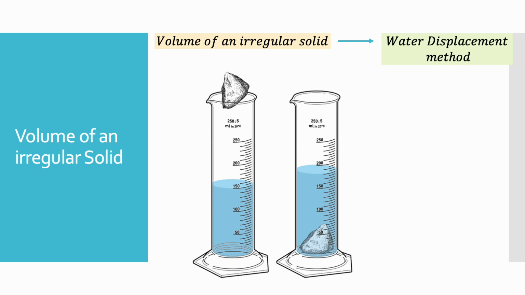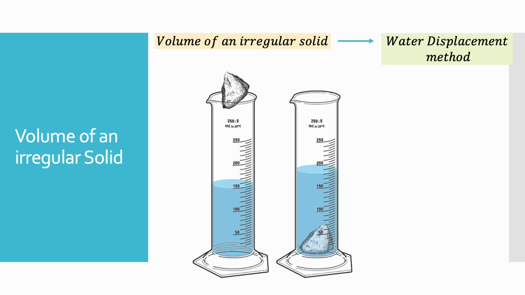For irregular solids like a stone, we use the water displacement method. Of course, the stone we are using is much smaller than the one I showed you in the previous slide. Here is how this water displacement method works. Fill a measuring cylinder with water and note the level. Carefully drop this irregular solid into water.